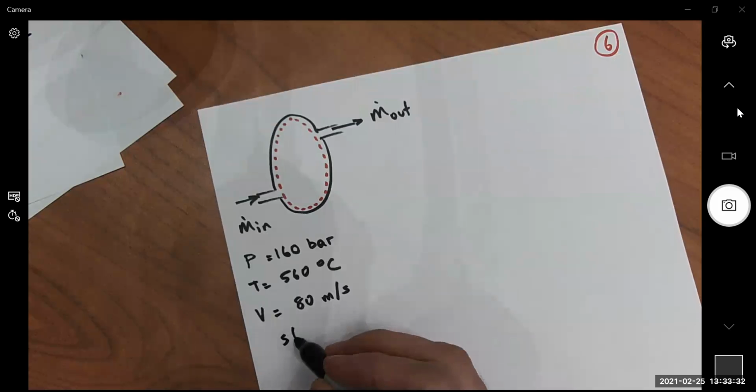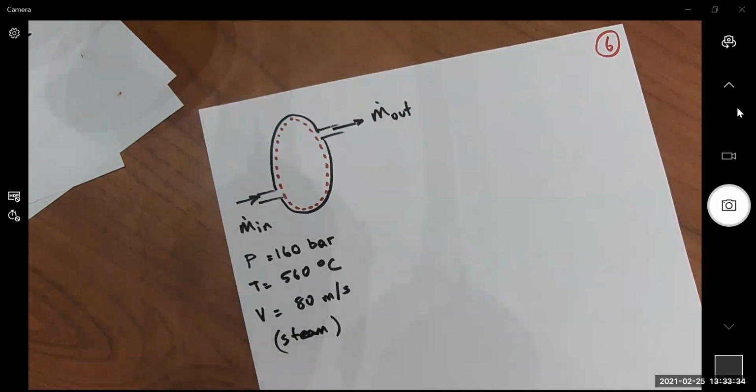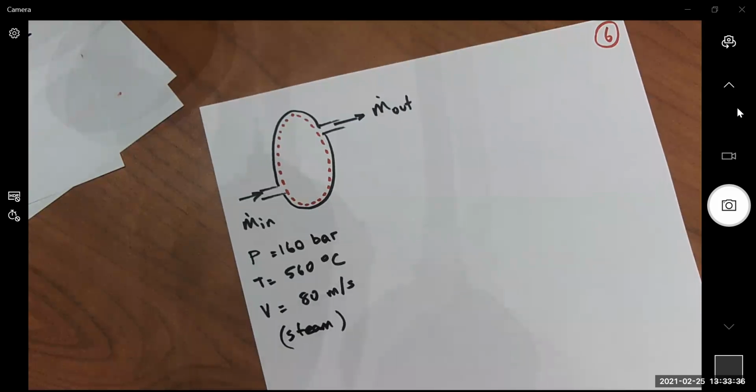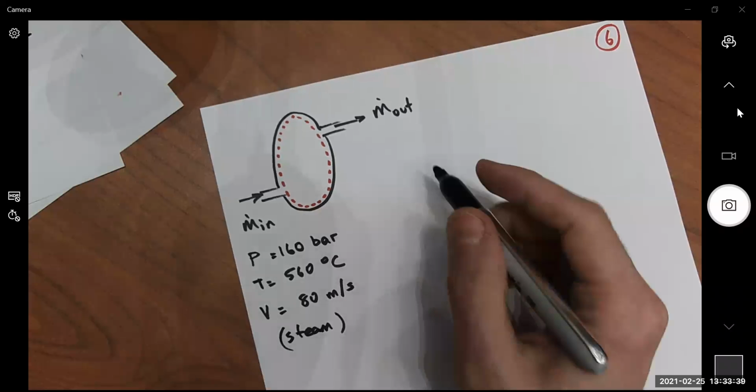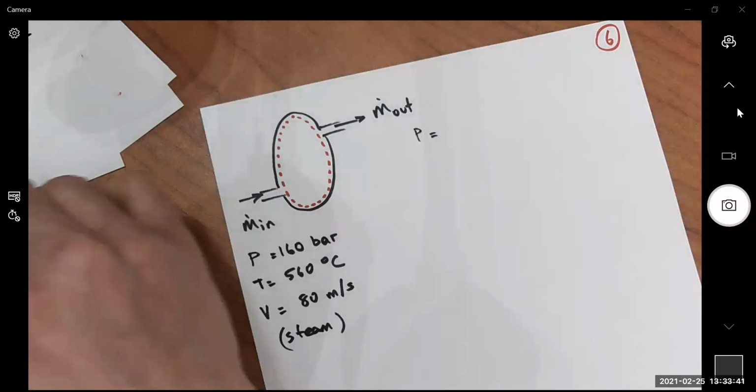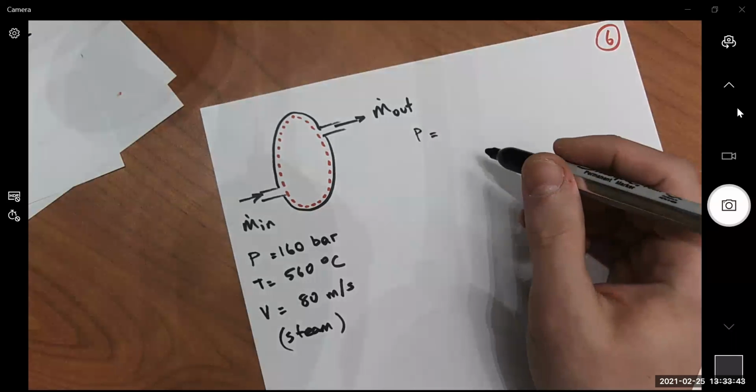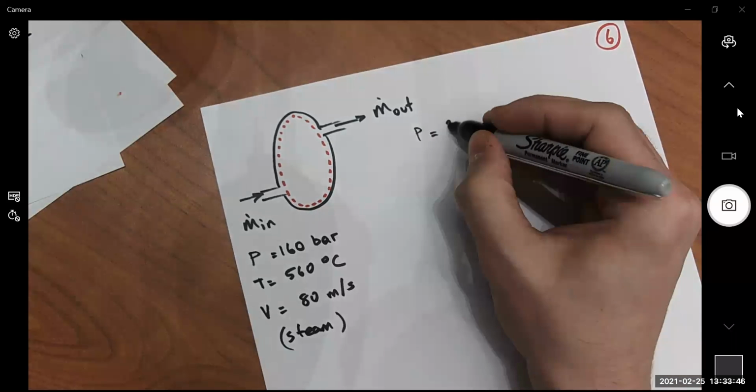That's another piece of information that I know. At the outlet, pressure is 2 bar.